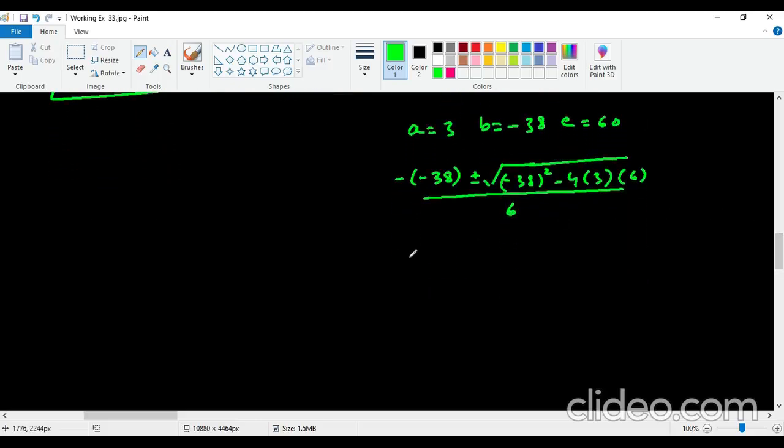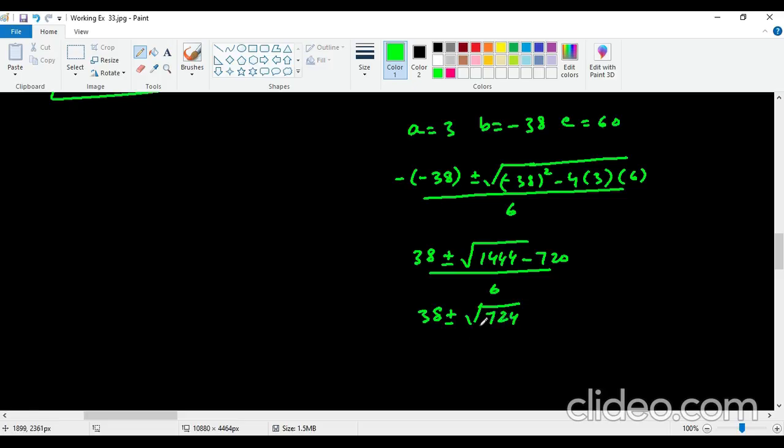It is first 38 plus minus under root 38 square is going to give us 1444 and minus 720 over 6, and 38 plus minus under root 1444 minus 720 is going to give us 724 over 6.